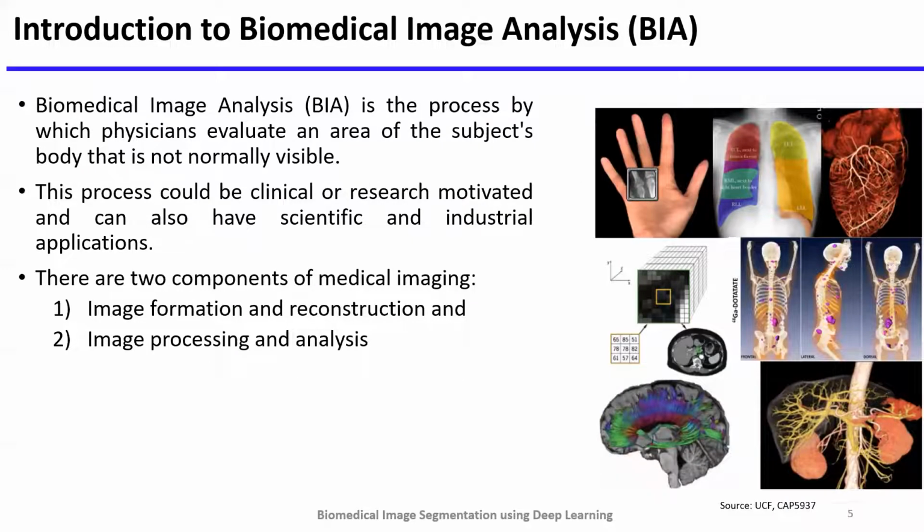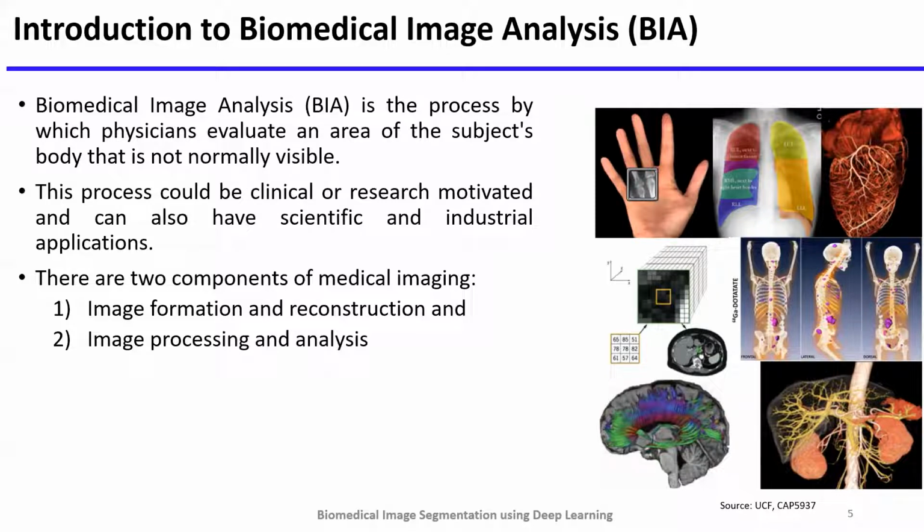It is a process by which physicians evaluate areas of the subject, that is the human body, which are generally very difficult to visualize with our naked eyes. So this process could be a part of clinical research or of certain diagnostic activities.